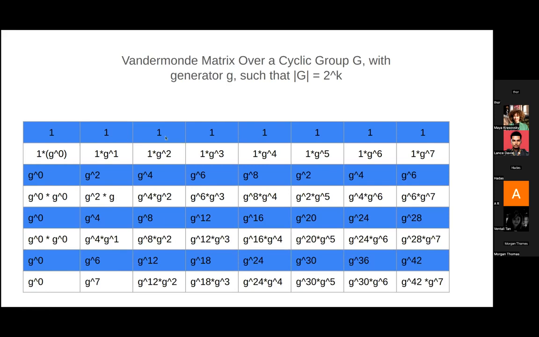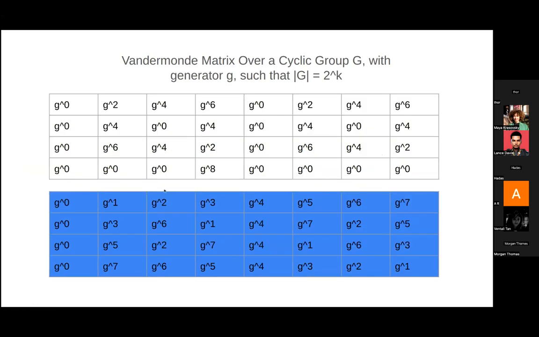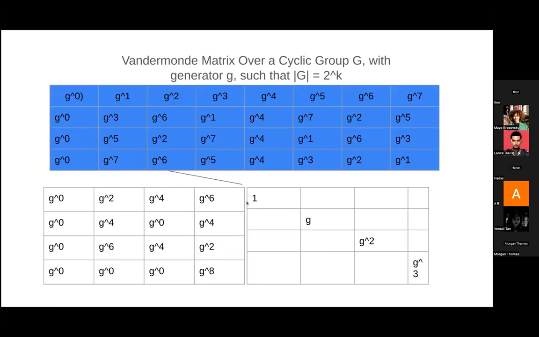In the first column, if you index from 0, the blues equal the whites times 1. In the second column, the column of the blues is equal to the corresponding column of the whites times g squared, and so on. So you can split it into two matrices where the blues equal the whites times some constant for each column. That corresponds to multiplication by a diagonal matrix.